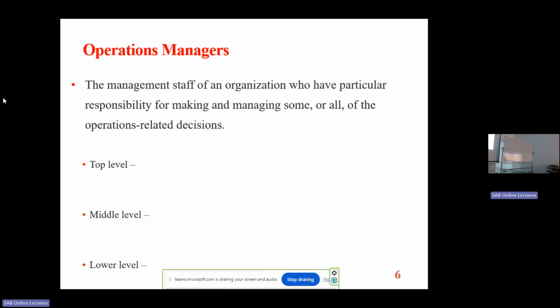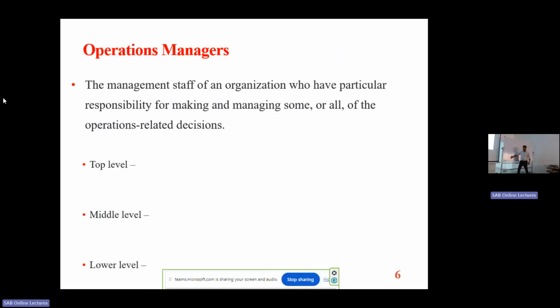In your experience, what are the common job titles in different industries? Different titles can be given, right? So, what are the common job titles of managerial staff at top level, corporate level operations managers? Pardon me? CEO. Okay.